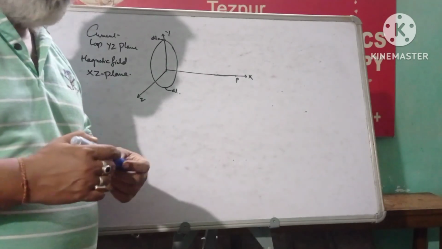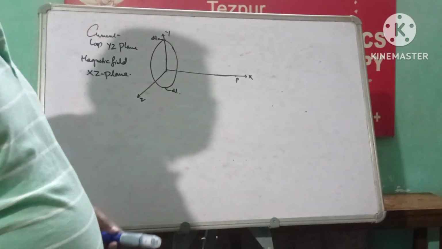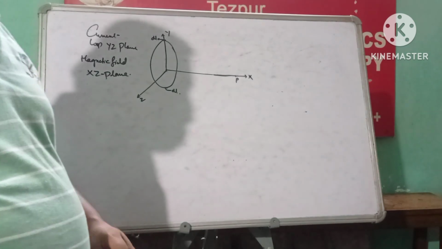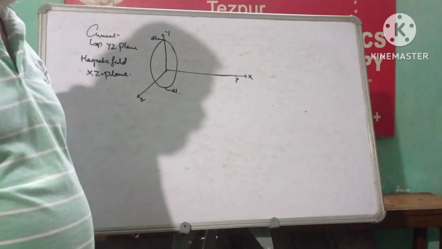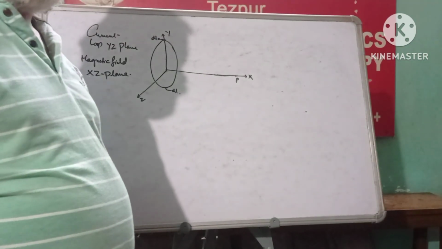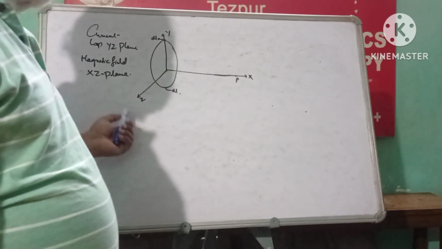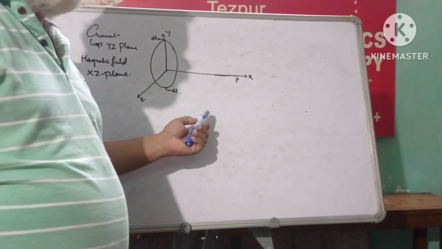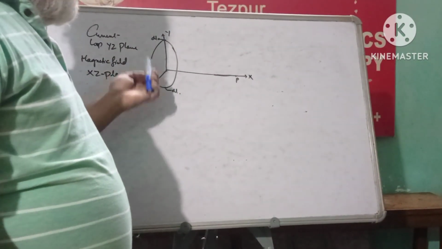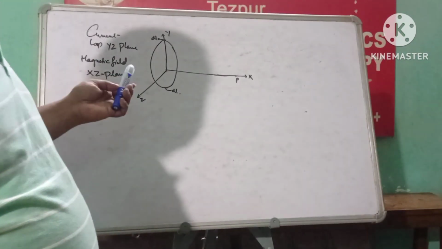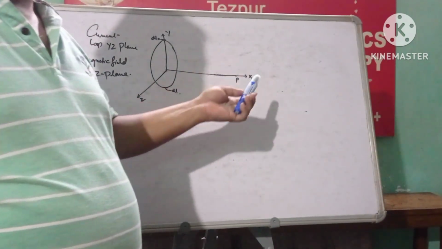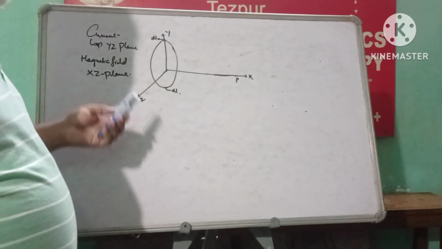This is the most basic concept with magnetic field. Whichever be the formula, if there is a magnetic field, it will always be a cross product, and when there is a cross product, it requires different planes. So if your current carrying loop is in the XY plane, then automatically your magnetic field will be in another plane, and that is considered as the XZ plane.